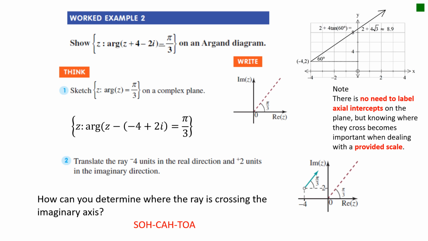So you would be expected, given a grid or given a scale, to know where your ray does cross the real Z or imaginary Z axis. So please bear that in mind. SOHCAHTOA, that's all you need to do to work out that location.